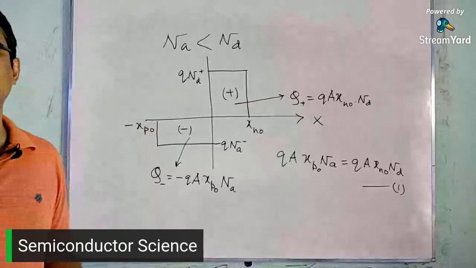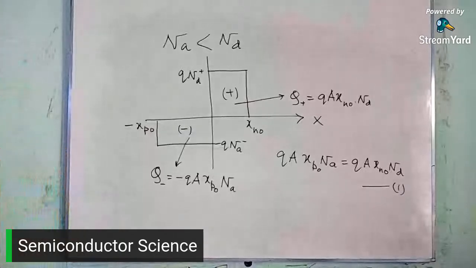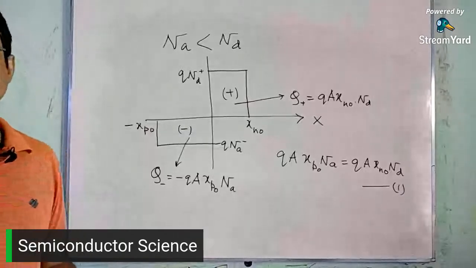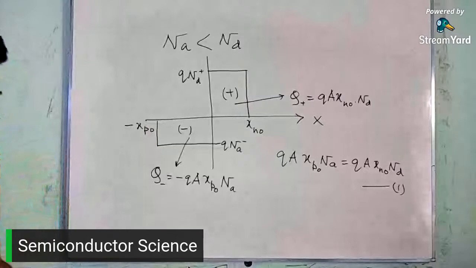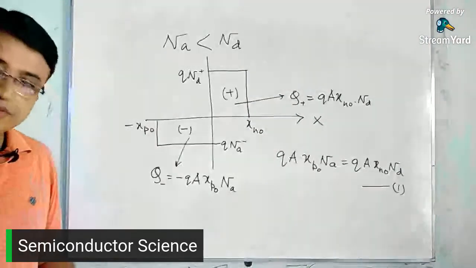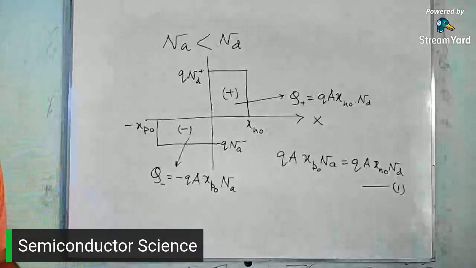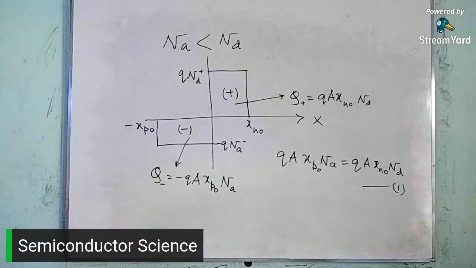Now we are going to calculate the electric field distribution within this depletion layer, or transition region.